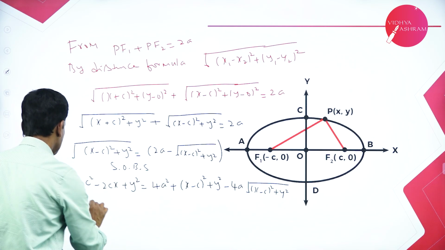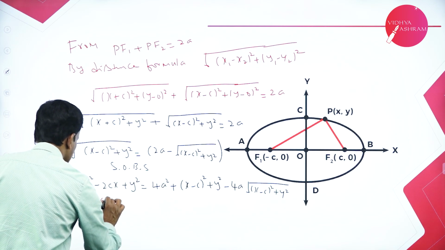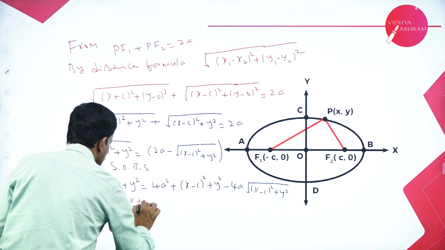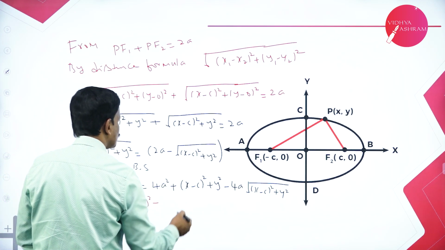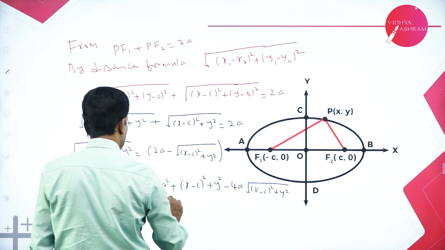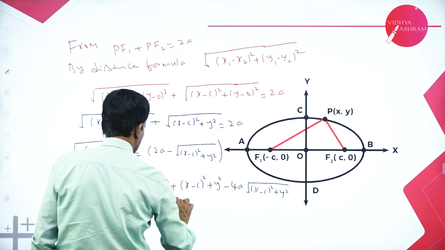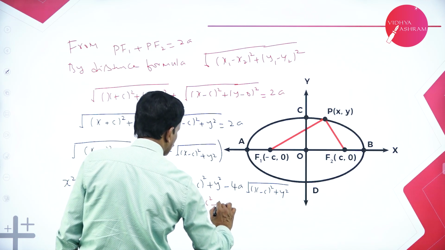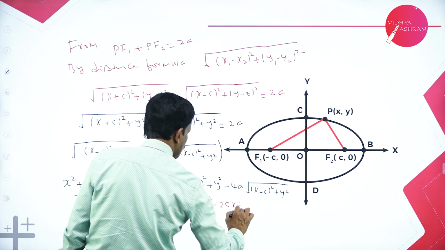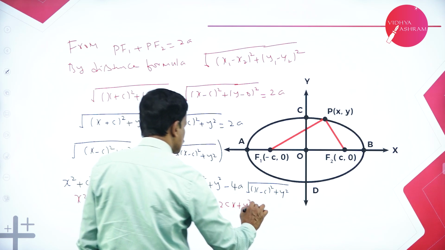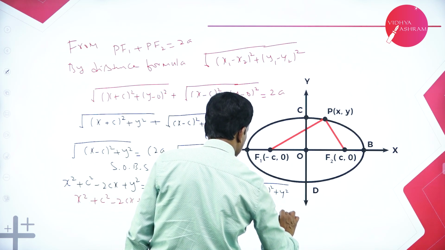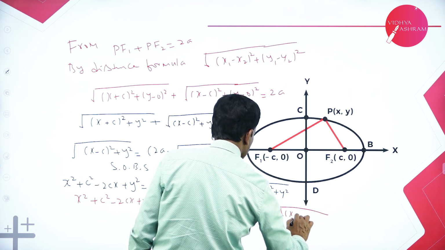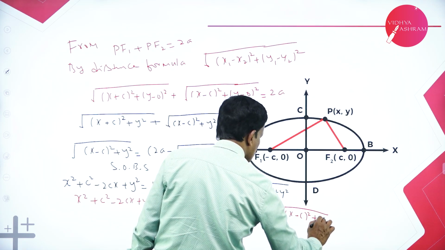Now this can also be written as x square plus c square plus 2cx plus y square, and when this is transferred to the left hand side it becomes, or I can write one more step, 4a square minus 4a into root of (x minus c) whole square plus y square.